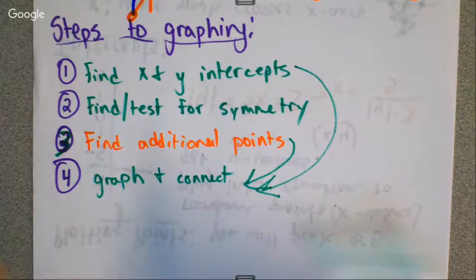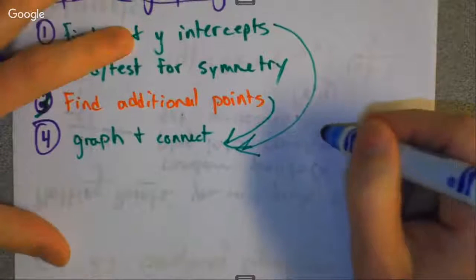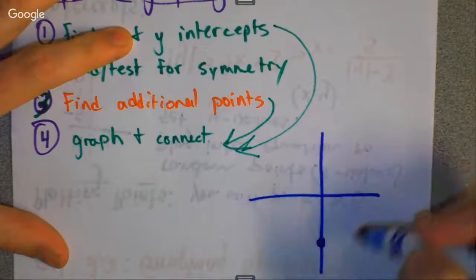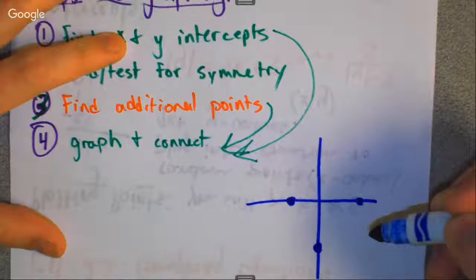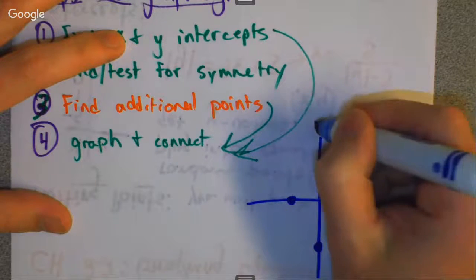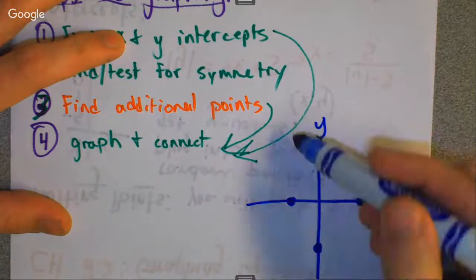So for example, if I find that this and this and that are all my intercepts, now I may want to test, and let's say that I just have y-axis symmetry. So I know whatever happens on this side has to happen on this side.